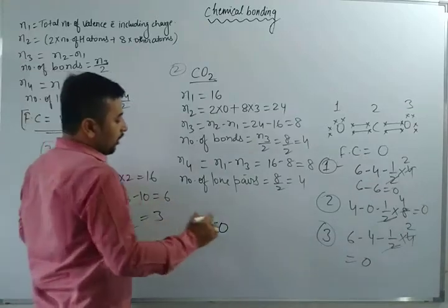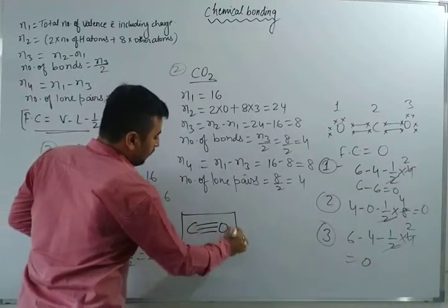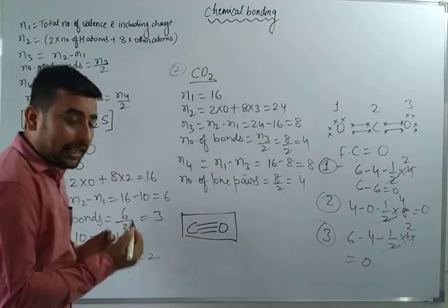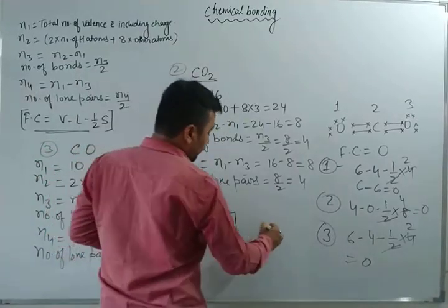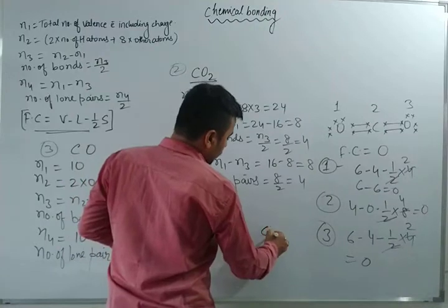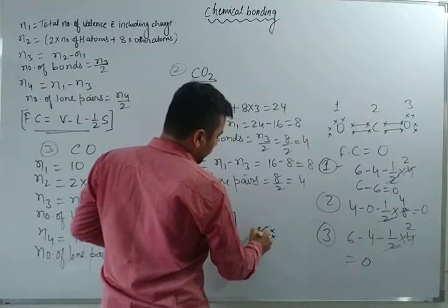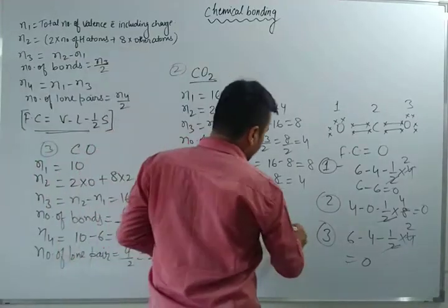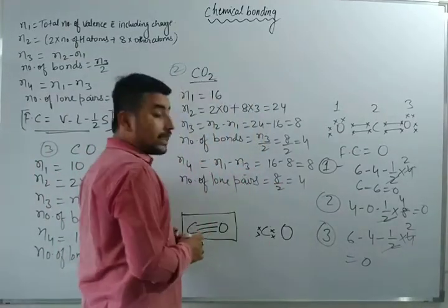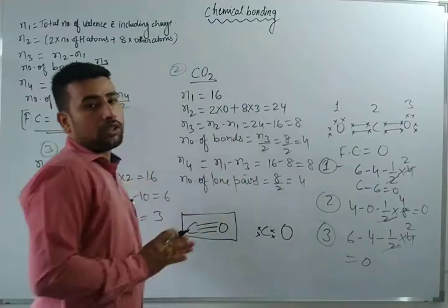See, first of all, this is your diagram. Now I am explaining how the diagram is drawn. Carbon is having how many valence electrons? 4. 1, 2, 3, 4. How many valence electrons is oxygen having? 6. They are having 6 or not?